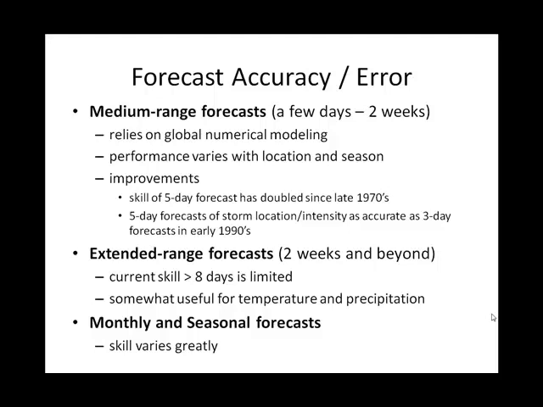Generally the current skill level beyond 8 days is relatively limited. But that's not to mean that we don't go ahead and try to put the pieces together and to predict atmospheric conditions with some success. We talked about the long-range forecasts before with regard to monthly and seasonal forecasts.